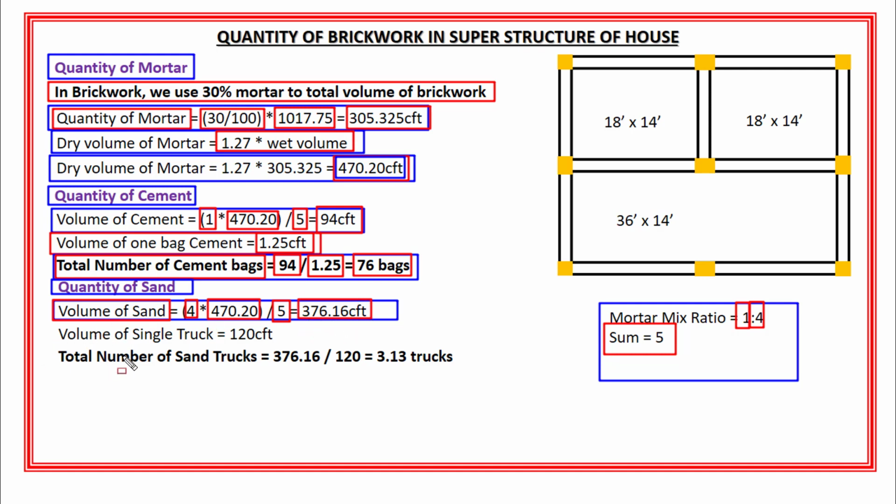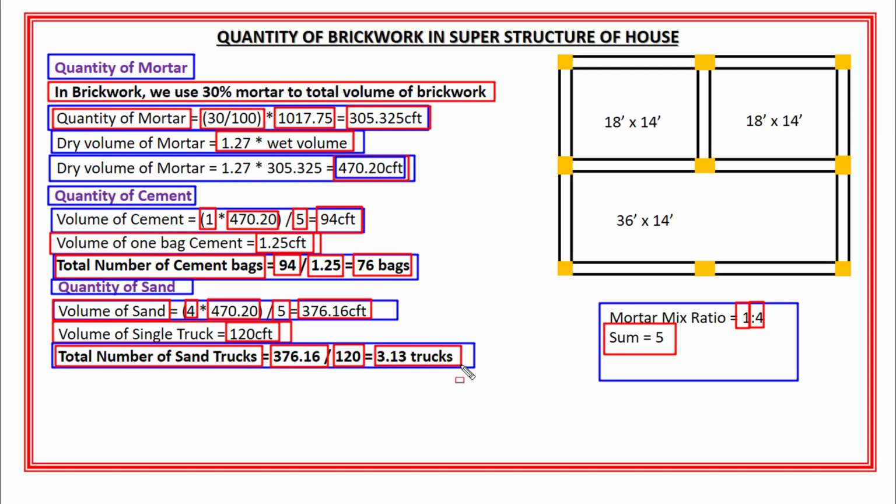Now let's say that volume of single truck is equal to 120 cubic feet. Okay. So the total number of sand trucks is equal to volume of sand, which is 376.16 cubic feet, divided by the volume of single truck, which is 120 cubic feet. And the total number of sand trucks will become 3.13 trucks.